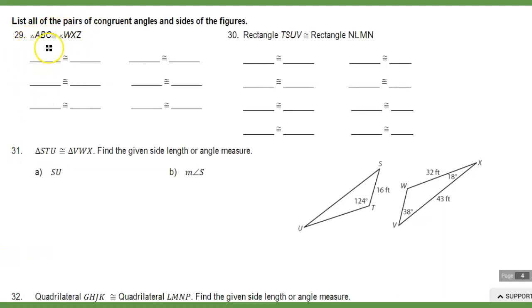For each of these, based upon the order that these are listed, we'll know that angle A and angle W are congruent, angle B and angle X are congruent, and angle C and angle Z are congruent.